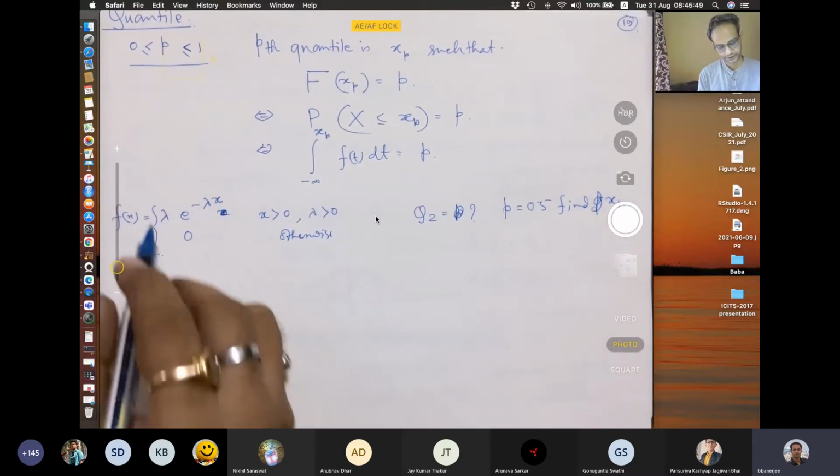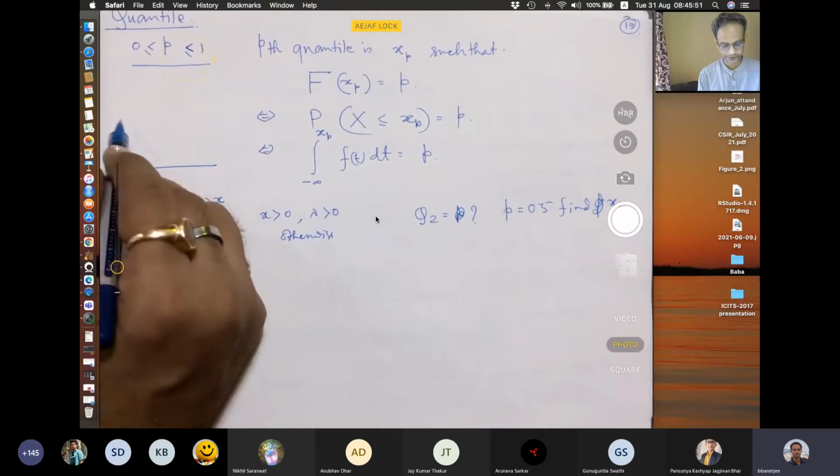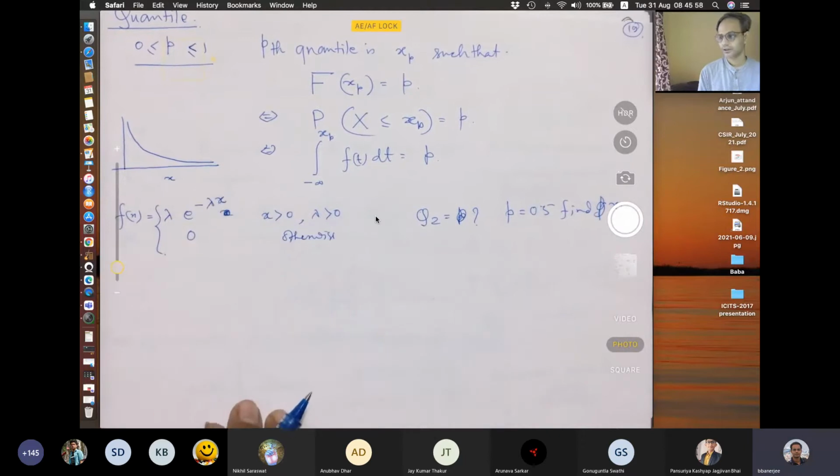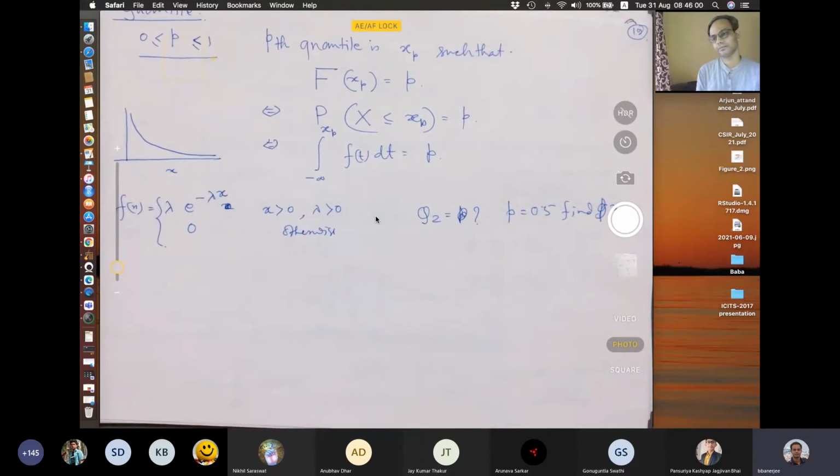This curve looks like this, exponential. This is the thing that I hope all of you have seen in your physics book, or maybe your physical chemistry book. The radioactive decay rate is described by this curve to describe the half-lifetime of the isotope.